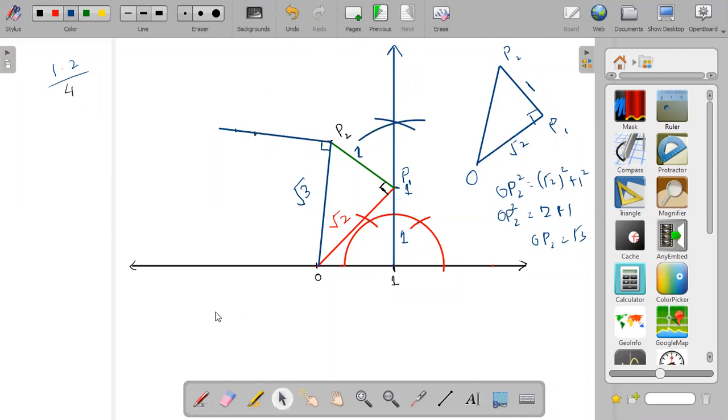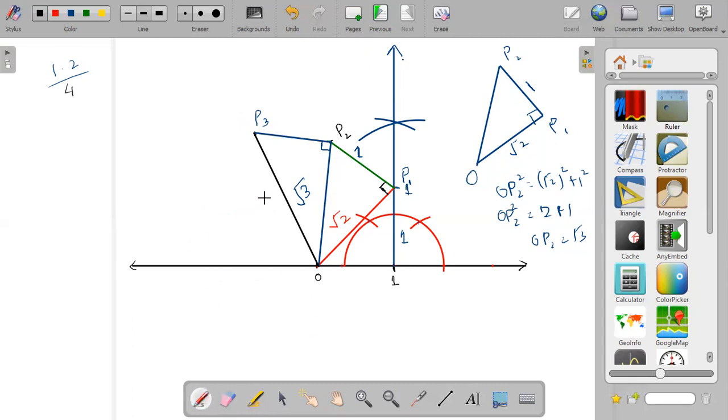And join it. This other point you can rub out, it is not required.